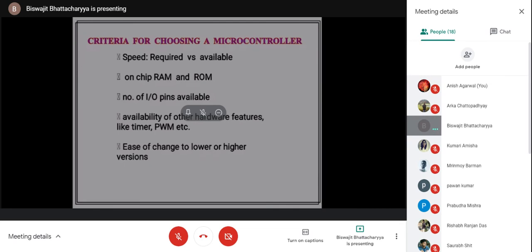And then availability of other supporting hardware may be an issue also. In some microcontrollers, other hardware blocks are already present that will assist our job.